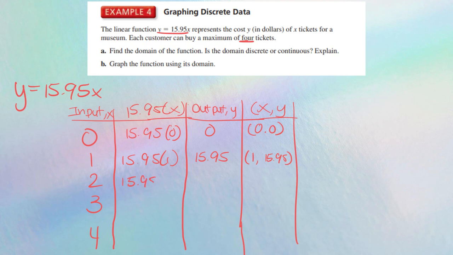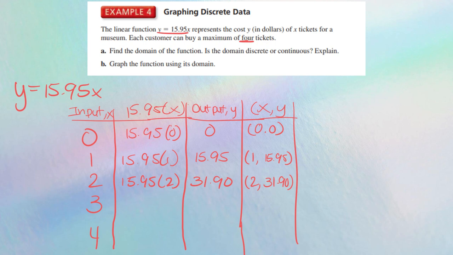What about when I purchase 2 tickets? It's going to be 15.95 times 2. What is 15.95 times 2? $31.90. So my ordered pair is going to be 2 and $31.90. What about when I buy 3 tickets?